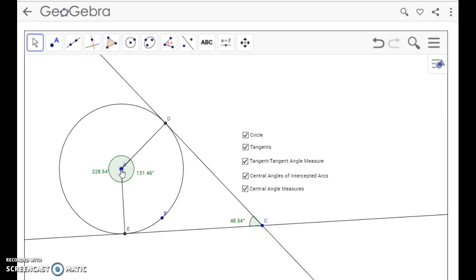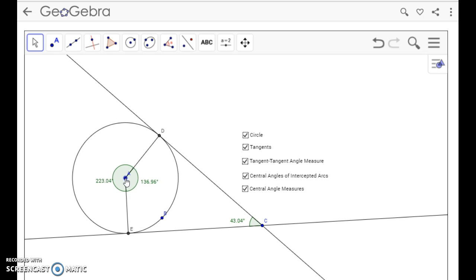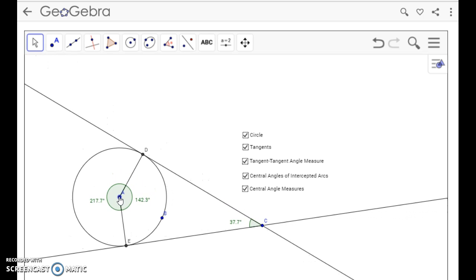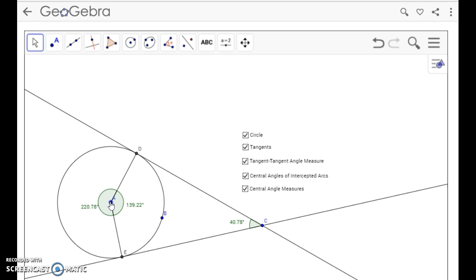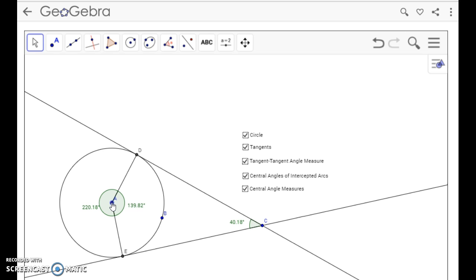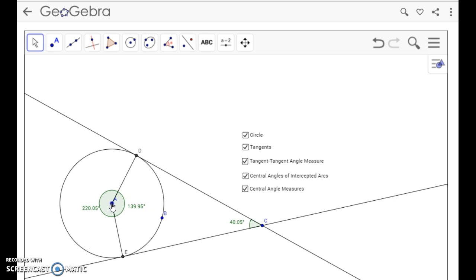As you see, when we're changing that size, that central angle is going to change, as is the tangent-tangent angle. Actually, let's go back to that, 40.6. We'll call it close enough, 40.05. So 40.05 is my tangent-tangent angle.